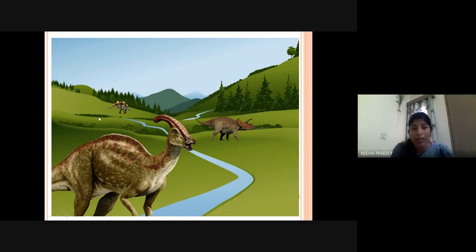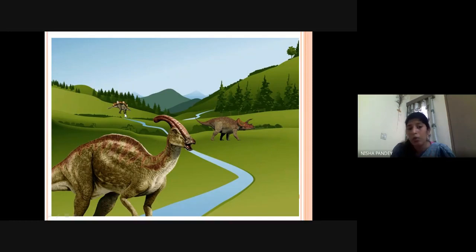Here there are three animals, so we'll say this dinosaur is nearest to us, and so it is looking very big in the picture. And this one is farther, quite farther, and this one is farthest. So it is looking very small, you can see in the picture, because it is very far from me or from your screen.